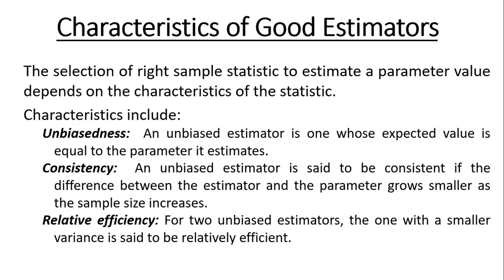Both are meant to represent a particular parameter. So the variances are compared in order to know which one has the smaller variance, and the one with the smaller variance is said to be more efficient than the second. These are the things you have to have at the back of your mind.